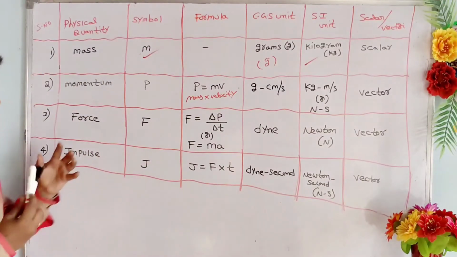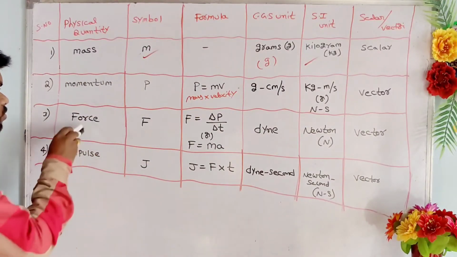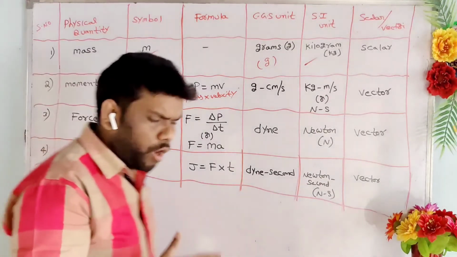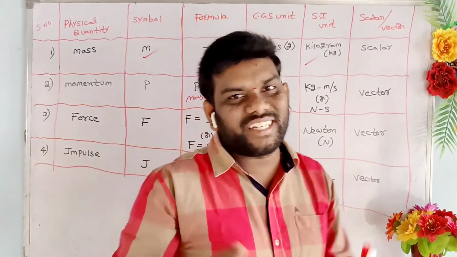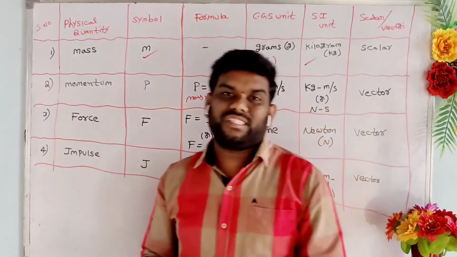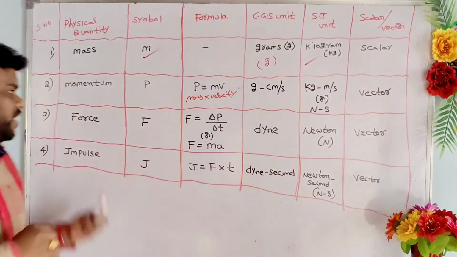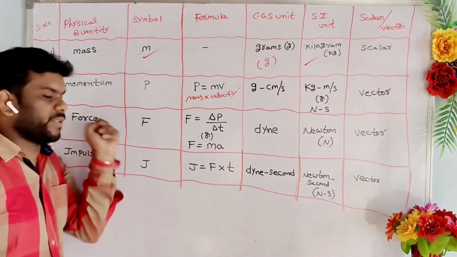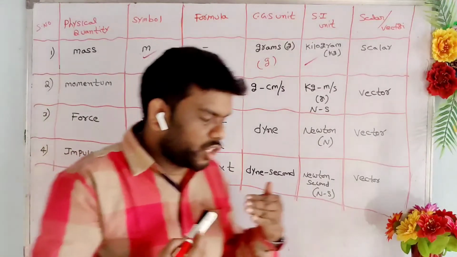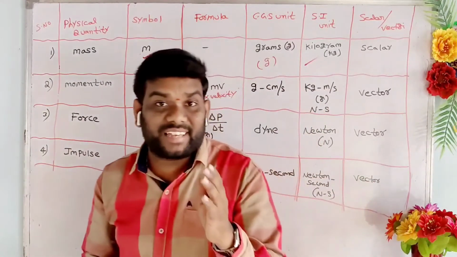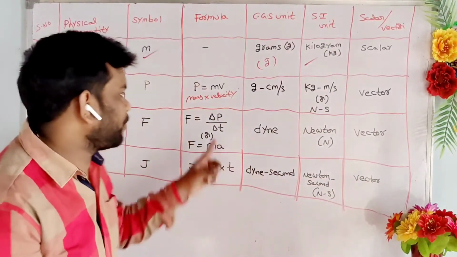And next, coming to the topic force. Force is called push or pull. It is the general basic definition. Force is denoted by the symbol F. According to Newton's third law, as I told previously, F is equal to delta P by delta T. What is P?